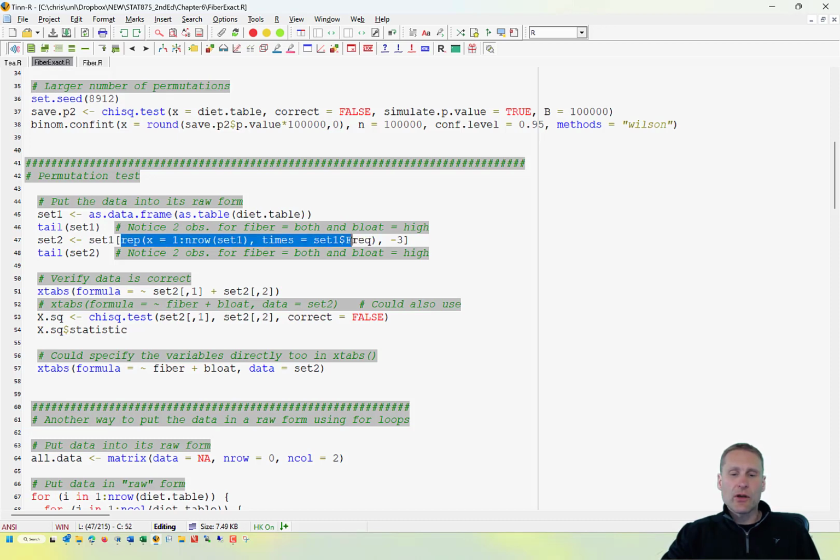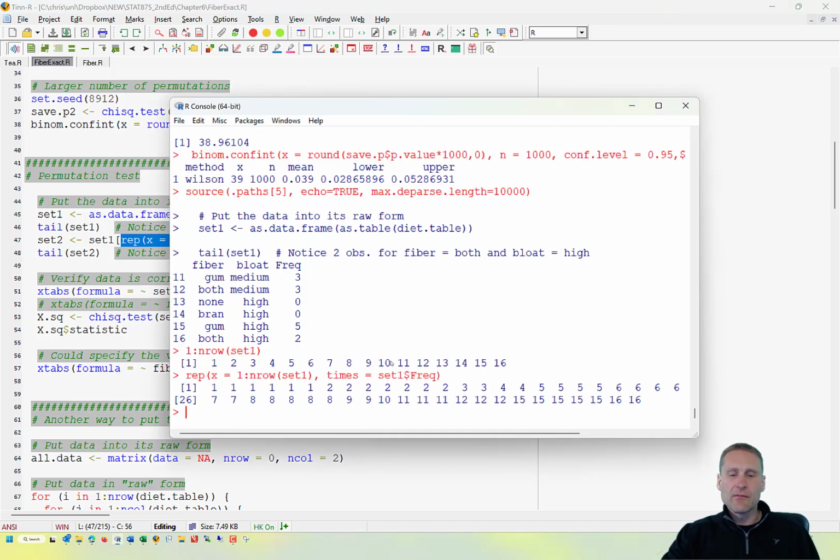So let me just show you what happens if I run this segment of code. And so we see, for example, remember we had 2 times we had both and high together. Notice how I have 2 16s. 5 times I had gum and high together. Notice how I have 5 15s, row 15 of my original data set.